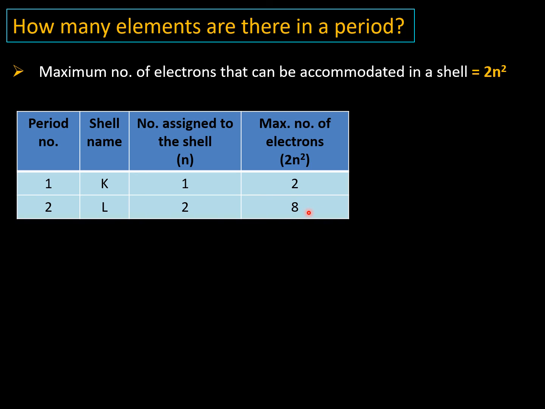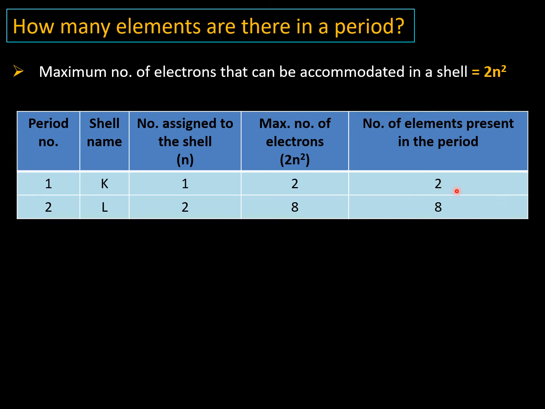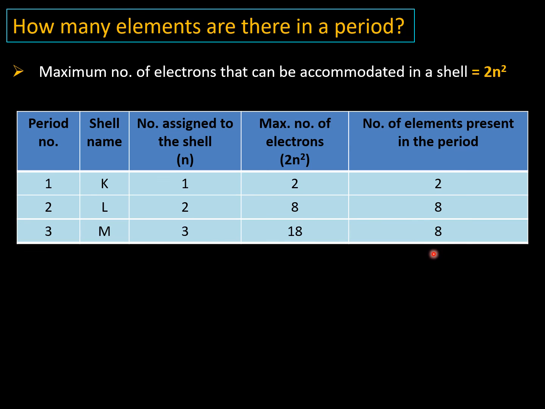If we observe the periodic table, the first and second periods consist of the same number of elements as these. The first period has 2 elements in it and the second period has 8 elements in it. So we can use the formula 2n square to find out the number of elements present in the first and second period. After the third period, this formula is not straight away applicable because the complexity of subshells comes into the picture.